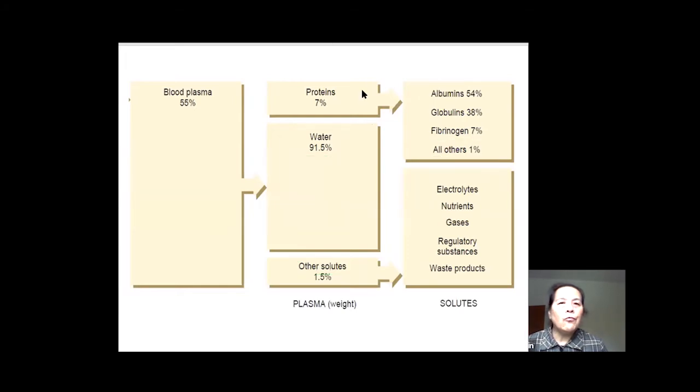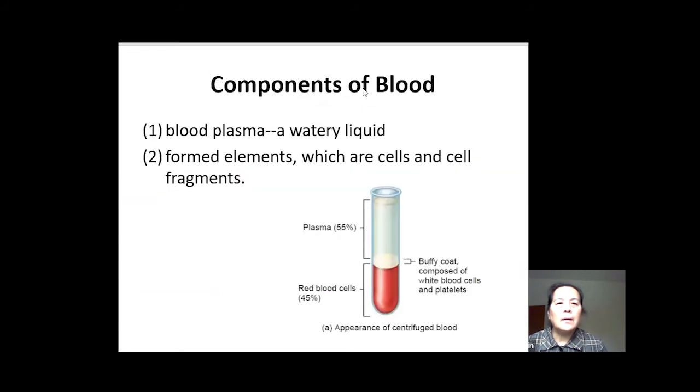Then we go to the formed part. Yeah, still go back here. We say blood separates into two big parts. One is the plasma part, one is the formed part. So basically the plasma part includes the water, that's the main, including the protein, including some others.